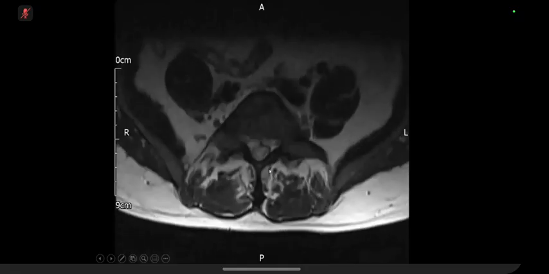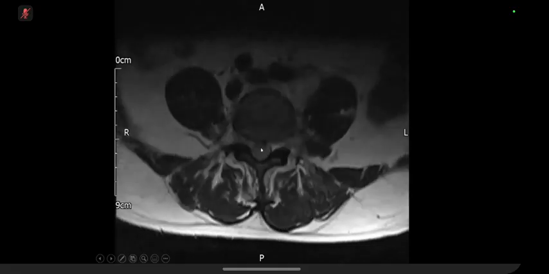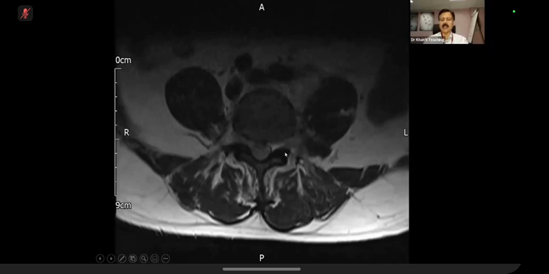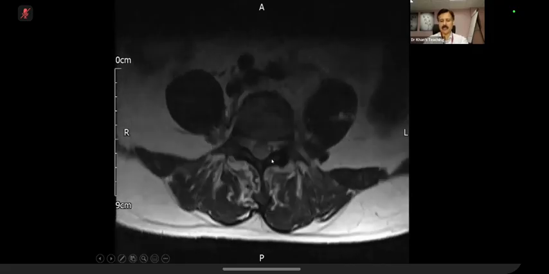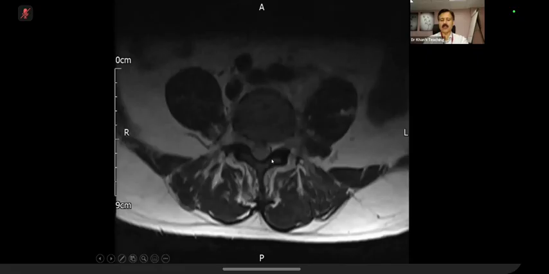Oh, sorry. So I'm coming up again. So starting from the first slide that I have got here, these are cauda equina nerve roots. So there is crowding of the nerve roots and also thickening of the nerve roots. Something anteriorly pushing it. Now here, go next slide. Okay, go back. Yes.